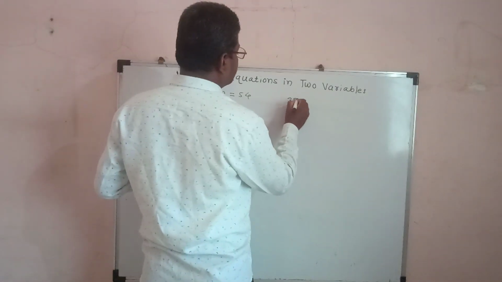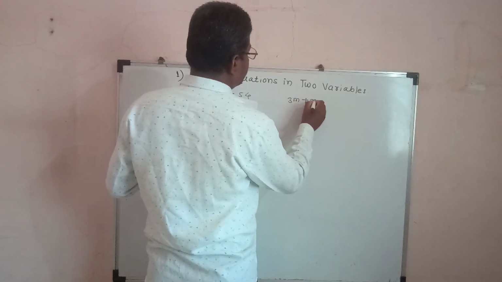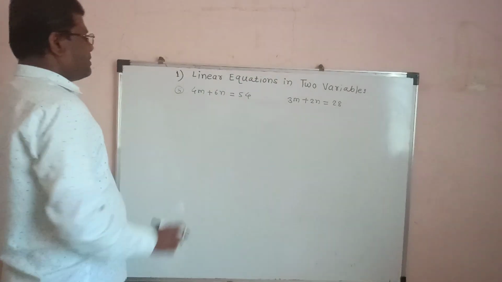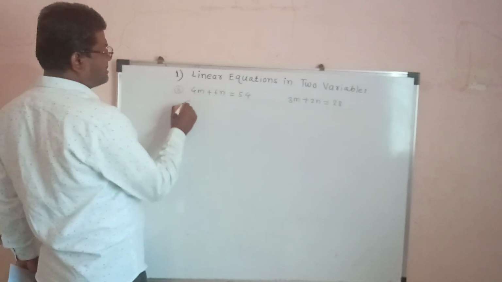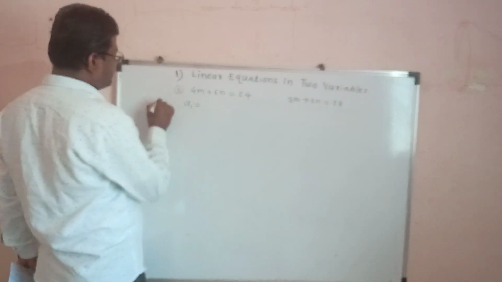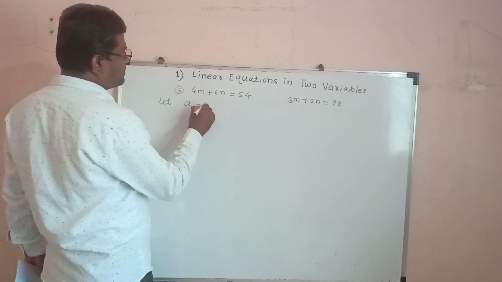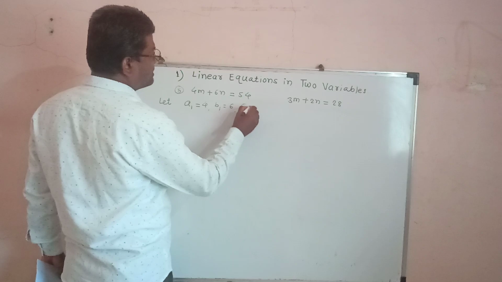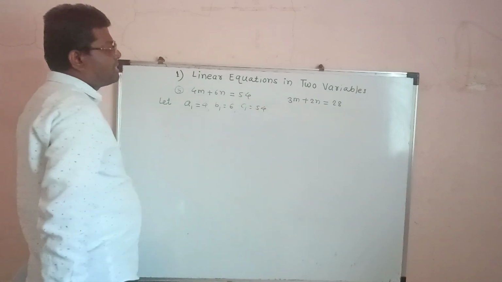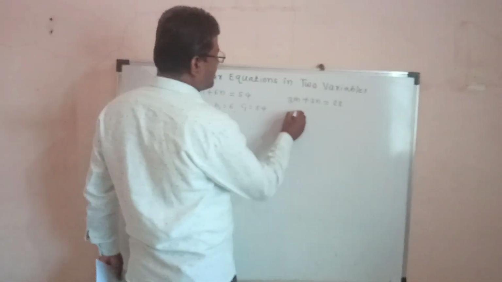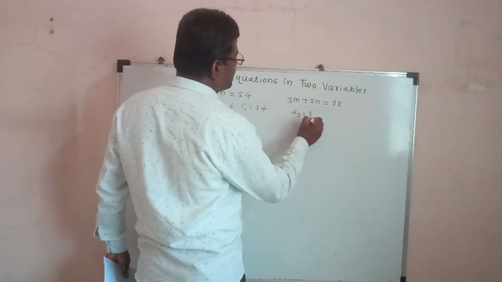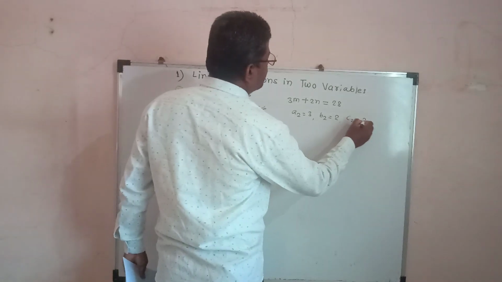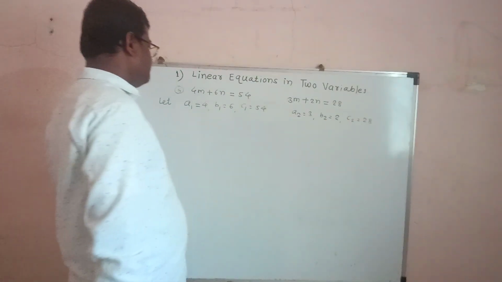And the second equation is 3m plus 2n is equal to 28. From this example, let a1 is equal to 4, b1 is equal to 6 and c1 is equal to 54. And a2 is equal to 3, b2 is equal to 2, c2 is equal to 28.